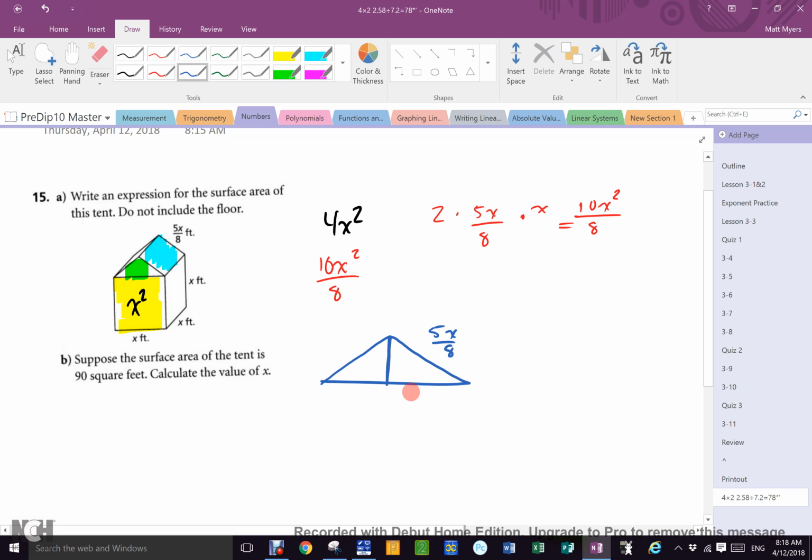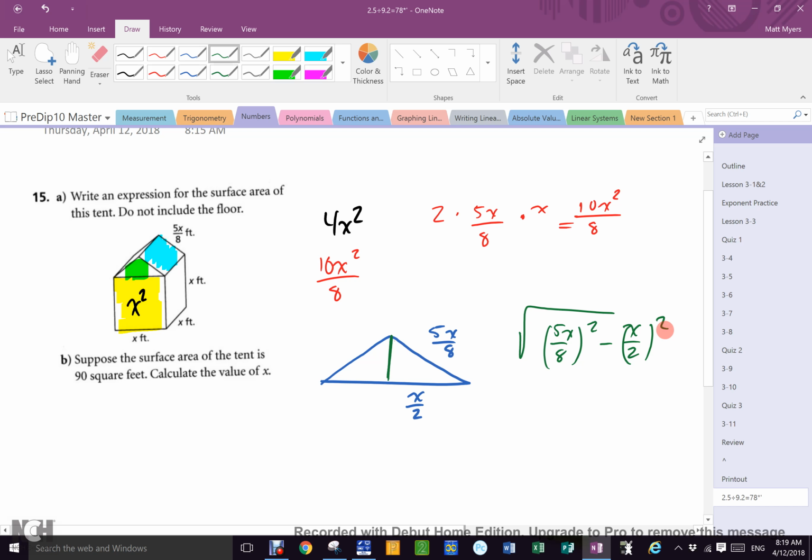If this whole thing is x, what's this, just this part? X over 2, right? And that makes this a 90-degree triangle, right? Which means this right here, in green, has to be the square root of 5x over 8 squared minus x over 2 squared, right?